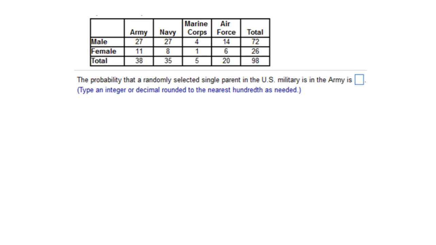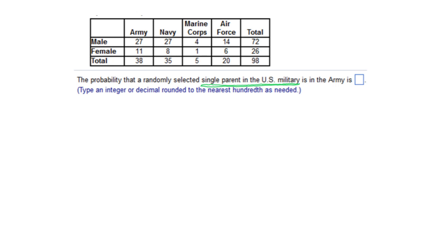For this last problem, it gives us a table here and it reads the probability that a randomly selected single parent in the US military is in the Army. So what I'm imagining is that since this doesn't have a title to it, the title would be Single Parent in the US Military, so that we can use the table in its entirety.